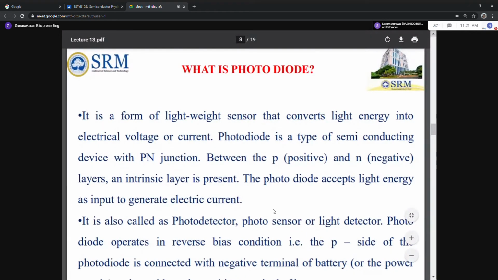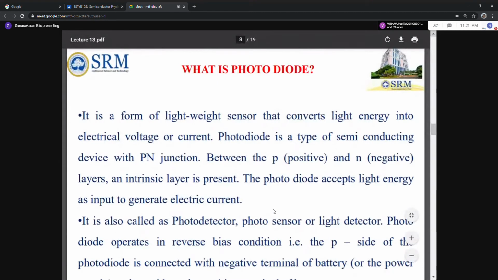So you can separate it into photo and diode. Photo means photons, light. There is no doubt, definitely that is light. Then diode, there is no doubt that is a PN junction diode. So the photodiode is nothing but a semiconducting device with a PN junction.